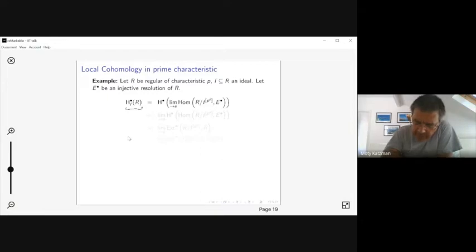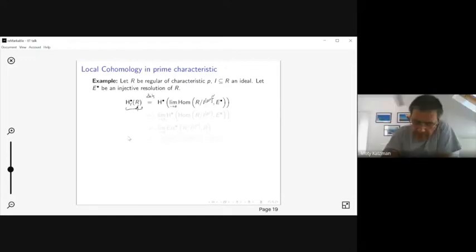Well, the recipe was: take a sequence of ideals which is cofinal with the powers of the ideal I. Look at Hom of the R-module R mod the sequence of ideals, into your injective resolution of the thing whose local cohomology module you're trying to find. Look at the direct limit of that as you go over this sequence of ideals cofinal with the powers of I, and take cohomology of that. This is the definition, more or less.